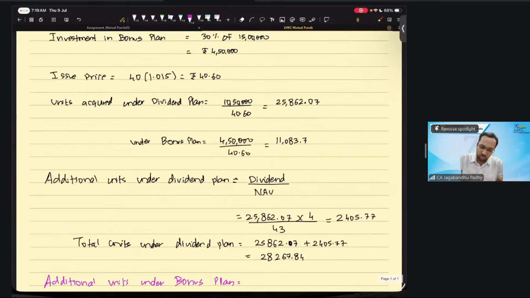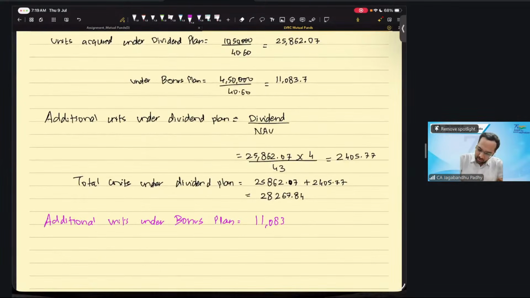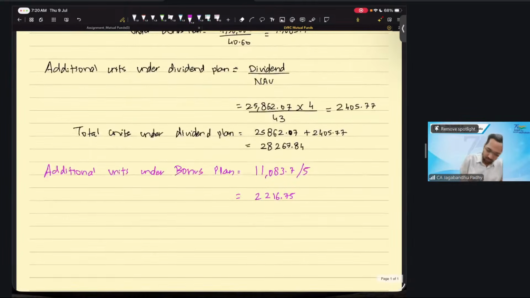The units that we have acquired are 11,083.7. Under the bonus plan, this will be 11,083.7 divided by 5. So the additional units that we are receiving under the bonus plan are 2,216.75.